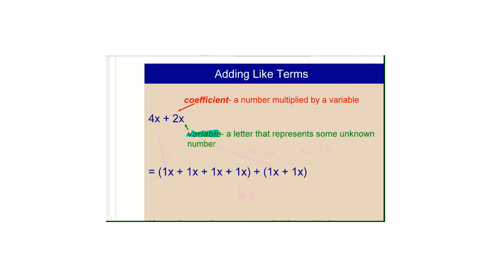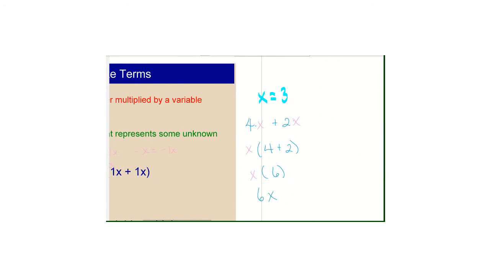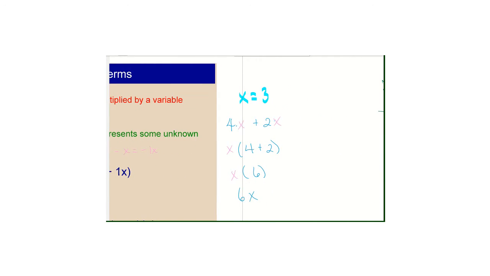Okay? Now, let me show you another way that this works. If you'll remember the distributive property, we have 4x plus 2x. Well, if x was 3, we would have 4 times 3 plus 2 times 3, right? Because we're letting x equal 3. And if you remember the distributive property, we can bring that 3 out and have 4 plus 2. So 3 times 6, okay, which is the same as 6 times 3.